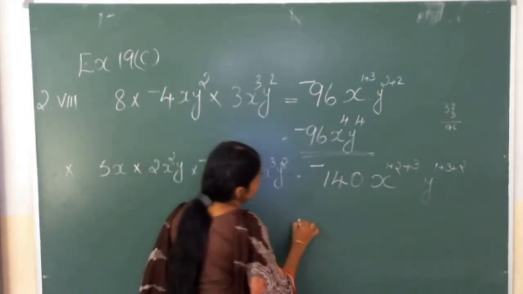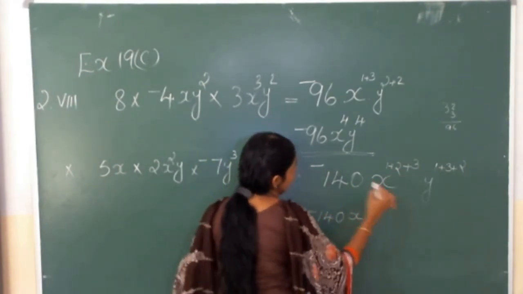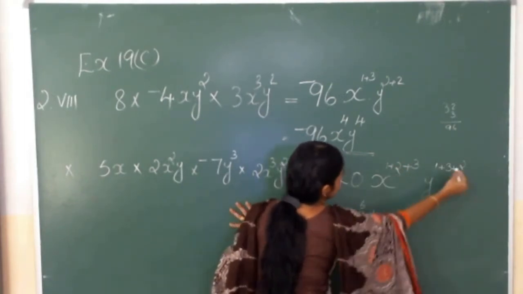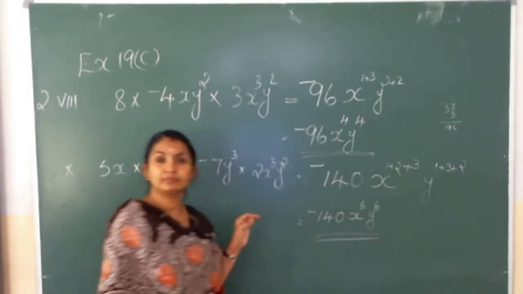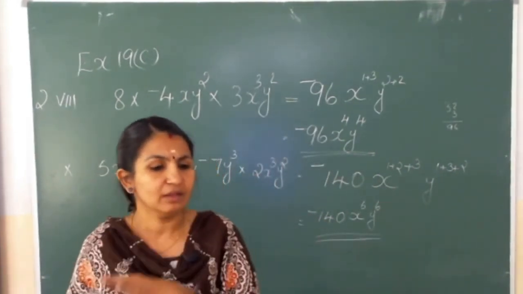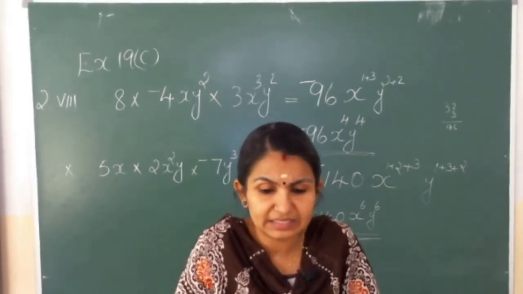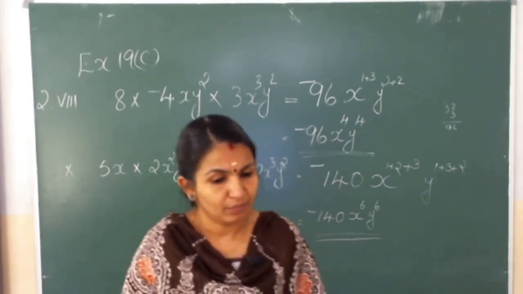So our answer is negative 140 x raised to 6 y raised to 6. In the same way, there are enough and more problems in this exercise 19C. So just do those problems.